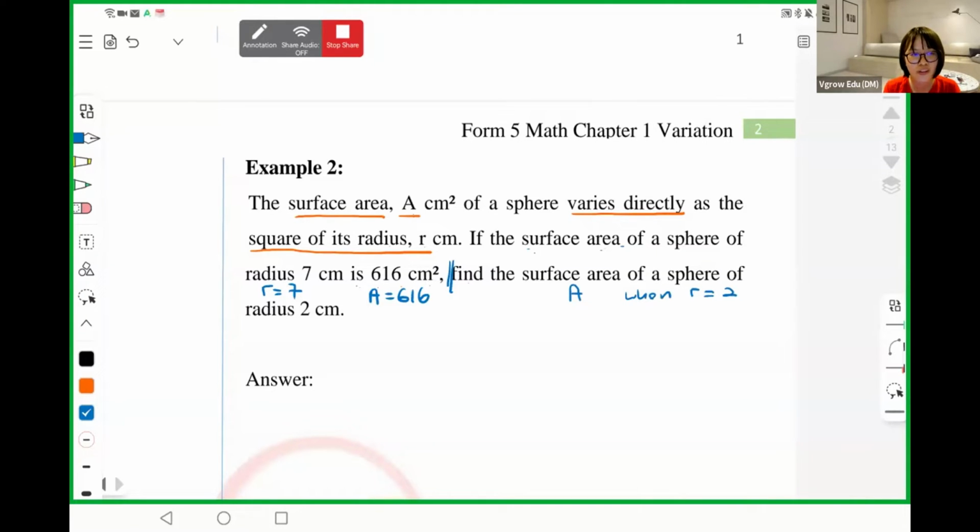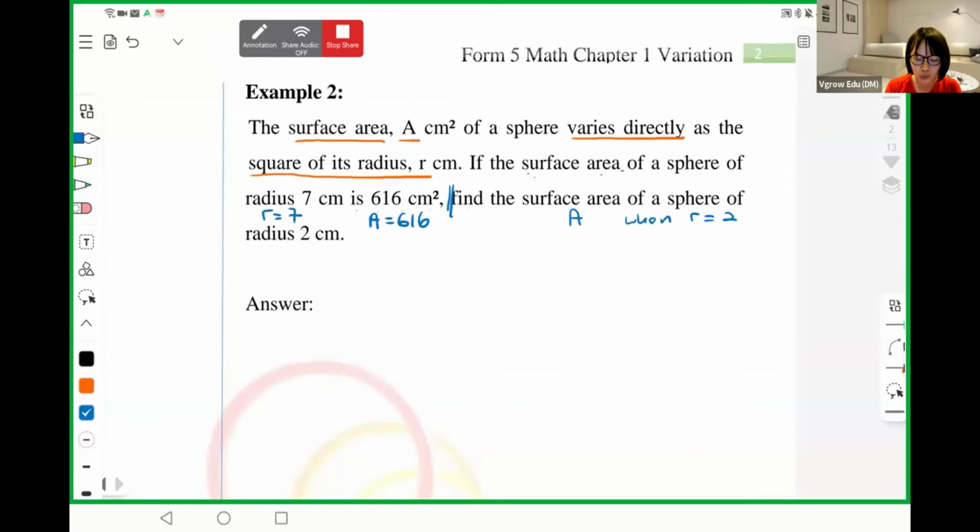So focus on the underlined words. How do you want to write? How do you want to find the answer? First, surface area A varies directly as the square of its radius, so r squared.